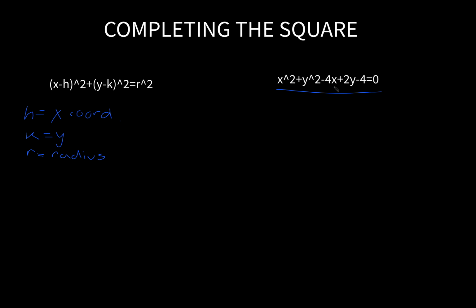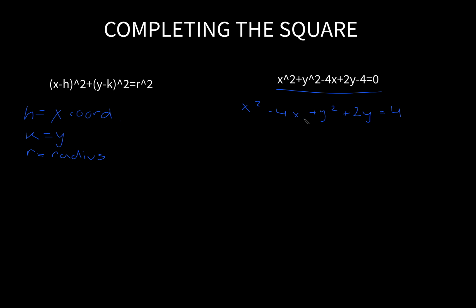I'm going to start by sorting the x's and the y's together. X squared minus 4x plus y squared plus 2y, and then I'm going to bring this negative 4 to the other side, giving us equals 4.